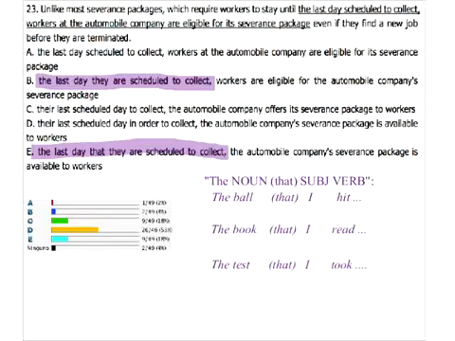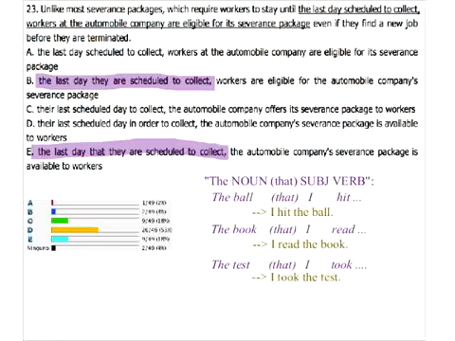It means that I did this action to this thing. So I hit the ball. This would mean I read the book. And this would mean I took the test.